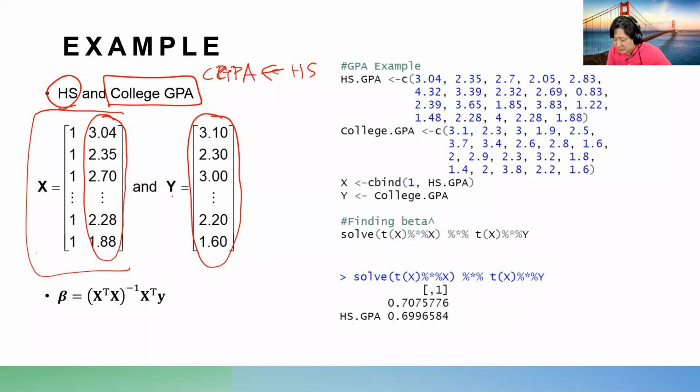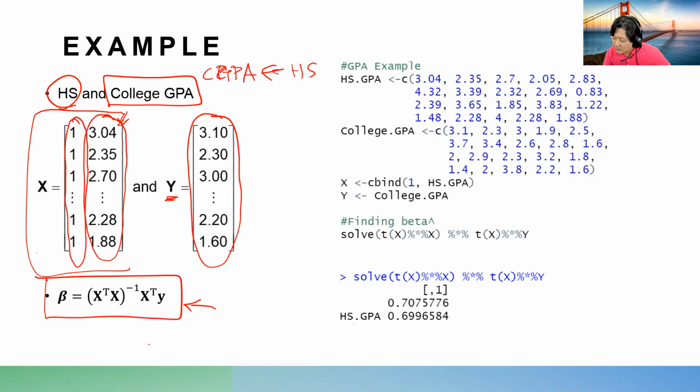So college GPA is our dependent variable, and high school GPA is our independent variable. And then I put 1 here because 1 is the intercept. They're all intercept.